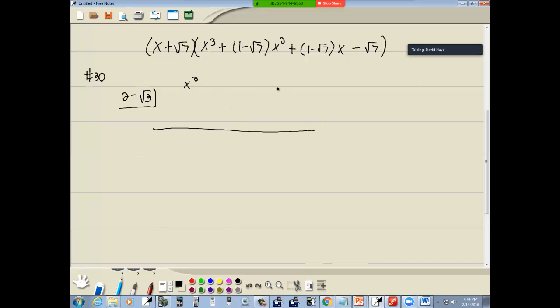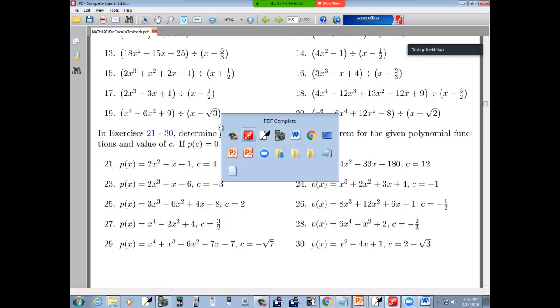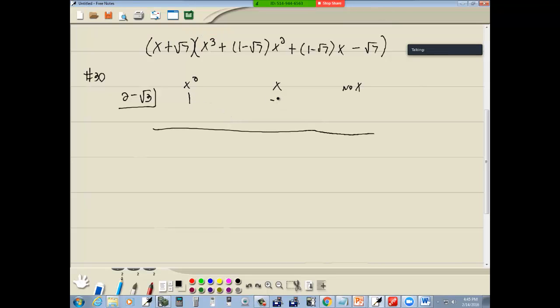So we'll have an x squared, we'll have our x, and our constant term. And we got 1, negative 4, 1. Okay, so we'll add, and then you multiply. 2 minus square root of 3 times 1 gives us 2 minus square root of 3. Then we'll add together the integers. Negative 4 and 2 gives us negative 2 minus the square root of 3.